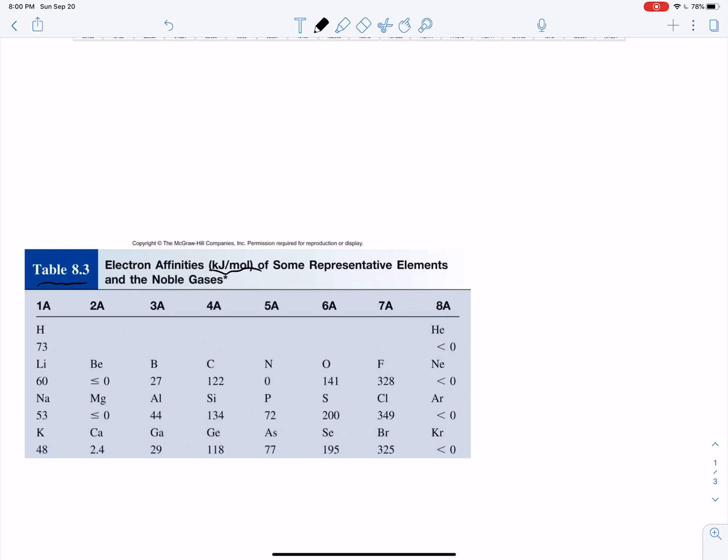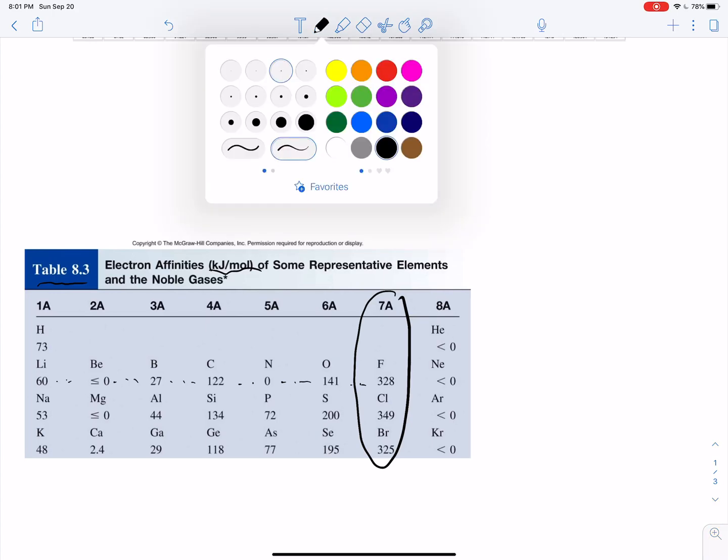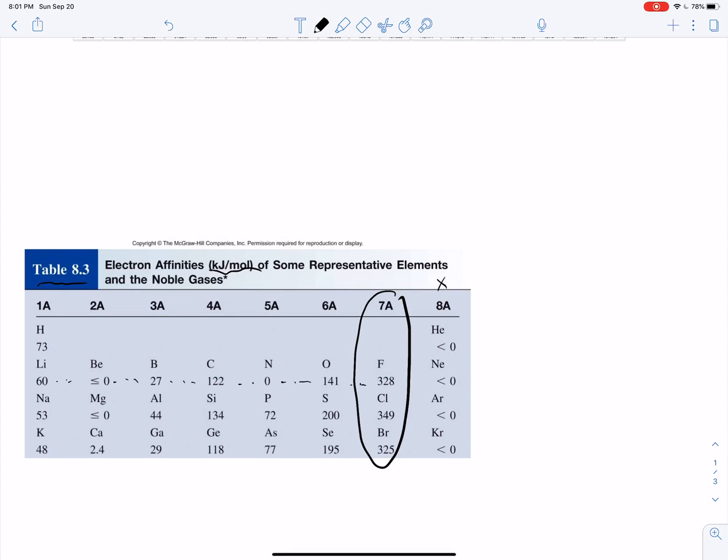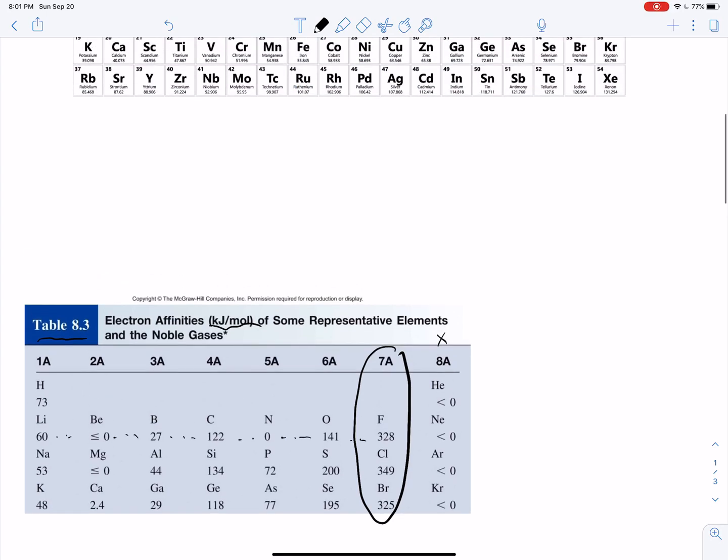As we go across a row, generally the electron affinities get larger and larger as we move towards the right-hand side, although that is not true for the very end, for the noble gases. That is something we might try to explain as well, although I won't do that in this video.